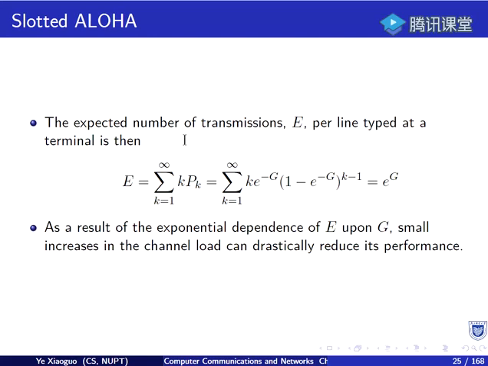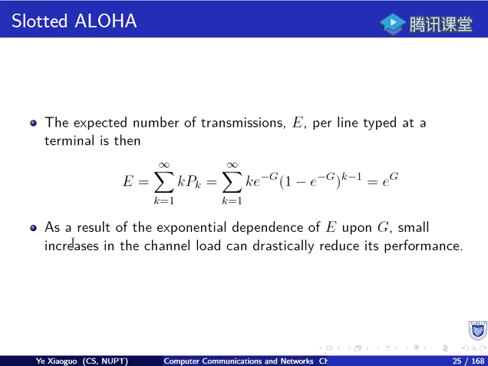The expected number of transmissions per line typed at a terminal is then e to the power of G.